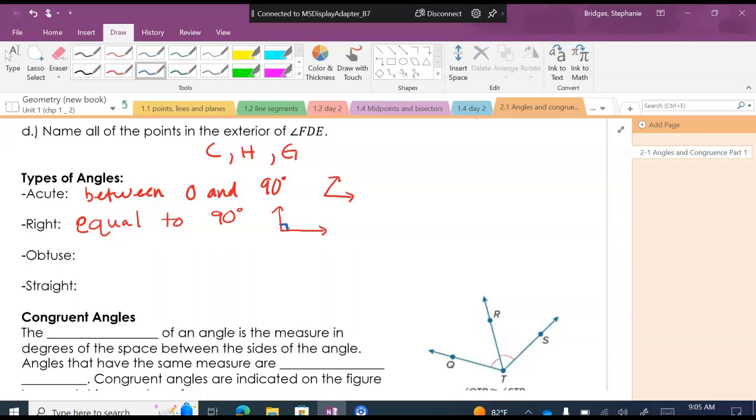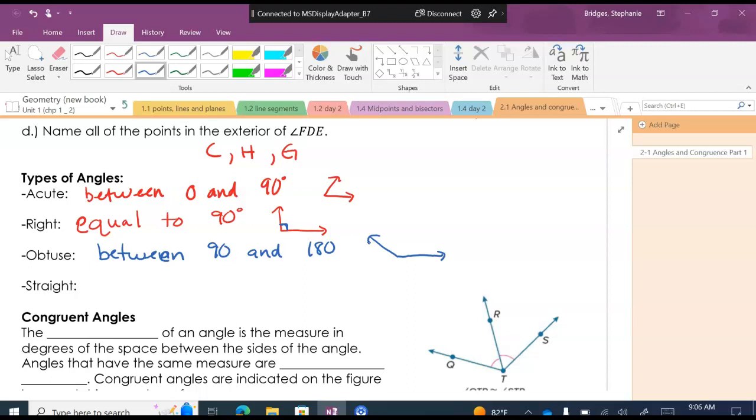What about obtuse? More than 90, but less than 180. So it is between 90 and 180 degrees. And my picture of an obtuse angle would look something like that. And what about a straight? We just talked about that. 180.